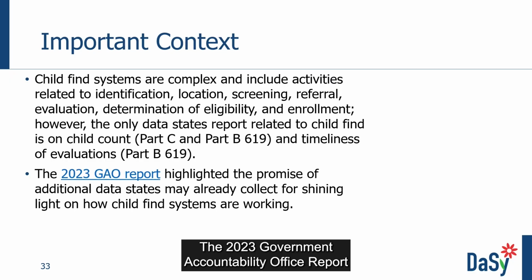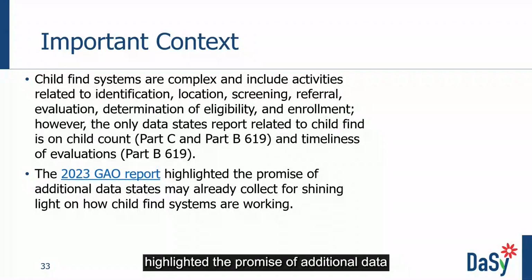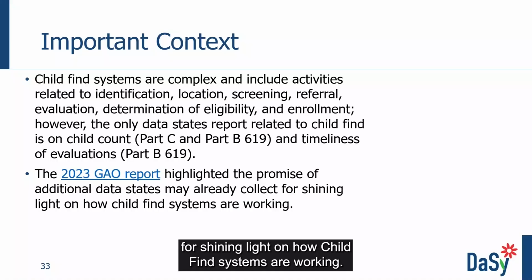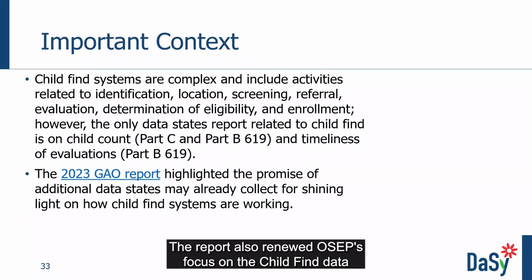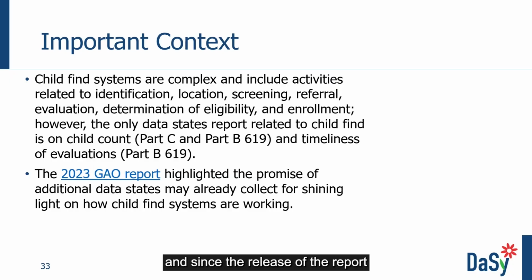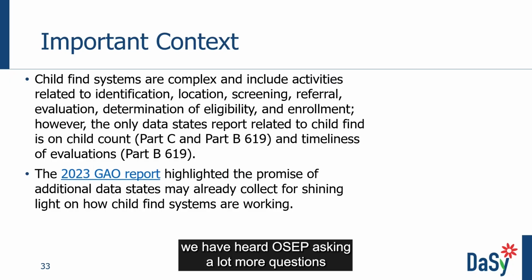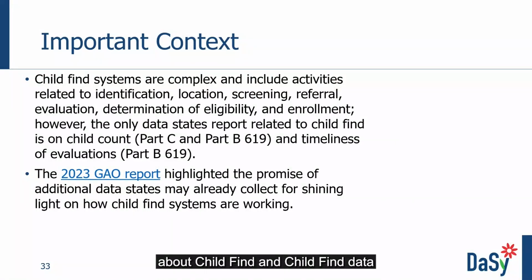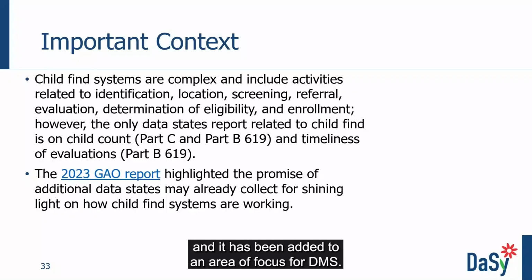The 2023 Government Accountability Office report highlighted the promise of additional data states may already collect for shining light on how child find systems are working. The report also renewed OSEP's focus on the child find data. And since the release of the report, we have heard OSEP asking a lot more questions about child find and child find data, and it has been added to an area of focus for DMS.